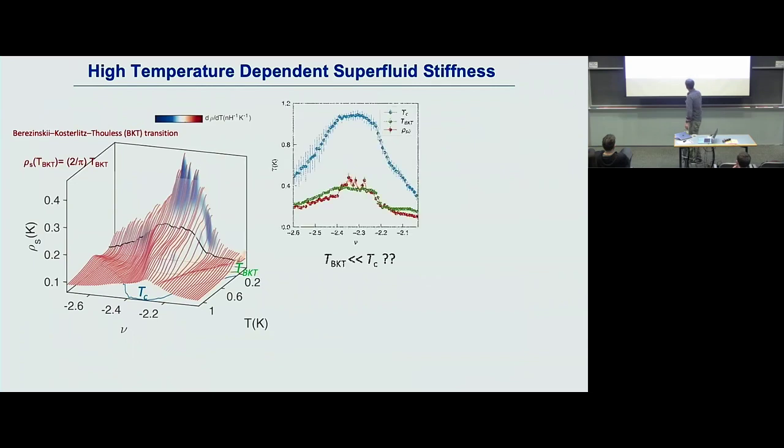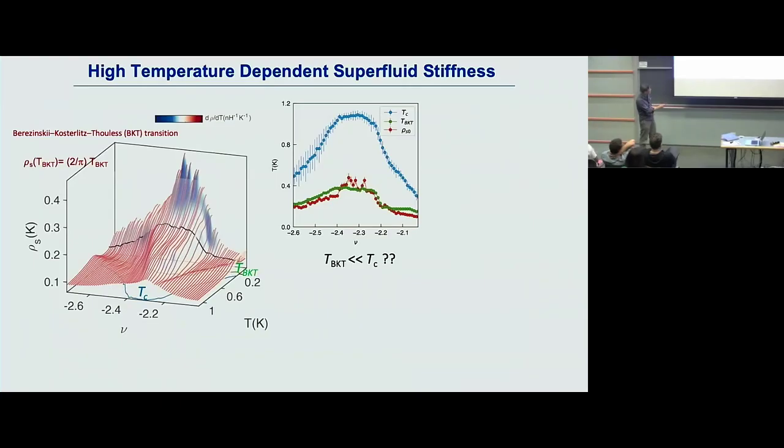But then, when we plotted this BKT transition temperature, we found some problems. The BKT transition temperature we have here is the blue curve, which is reasonably correlated with the superfluid stiffness we measured. But it's about 3 times lower, very much suppressed compared with the TC that we measured from transport.